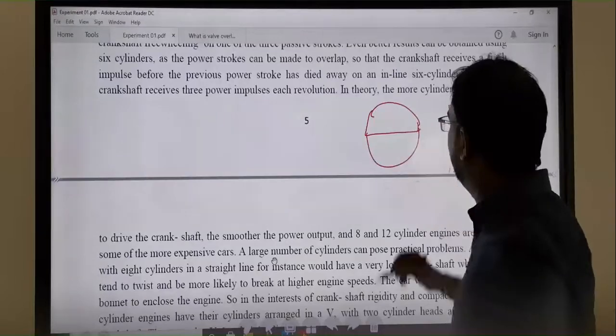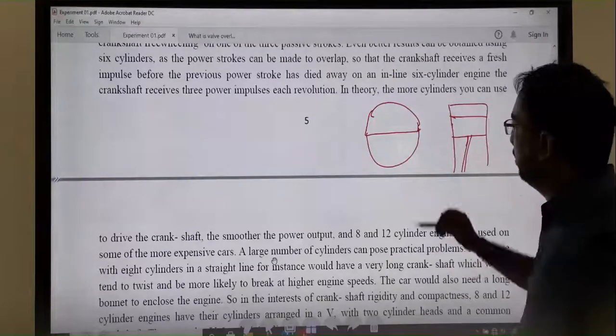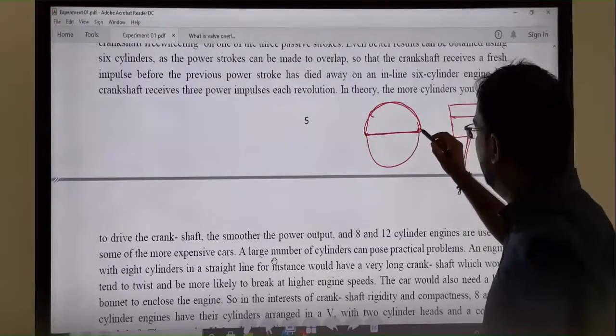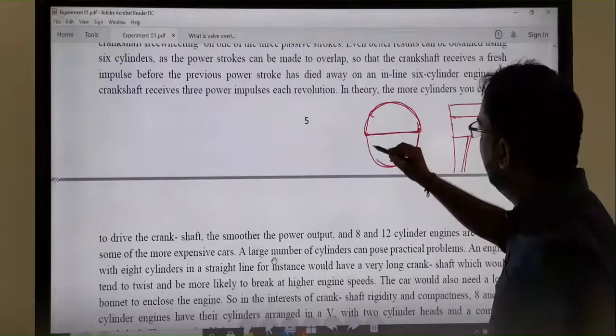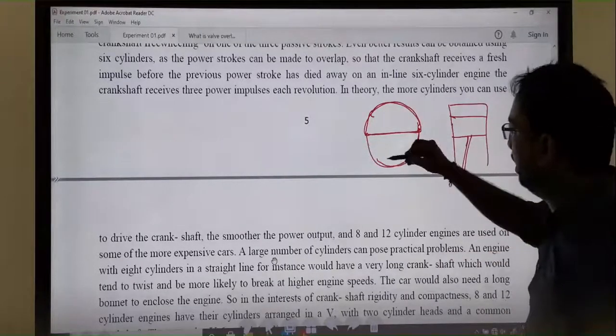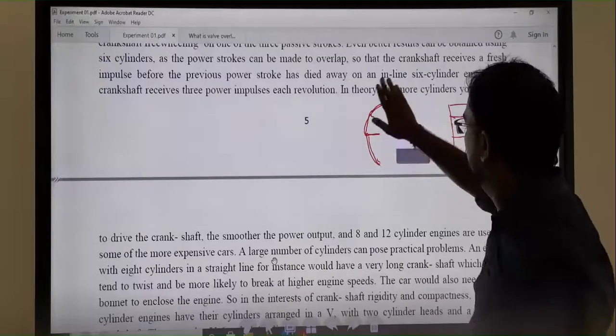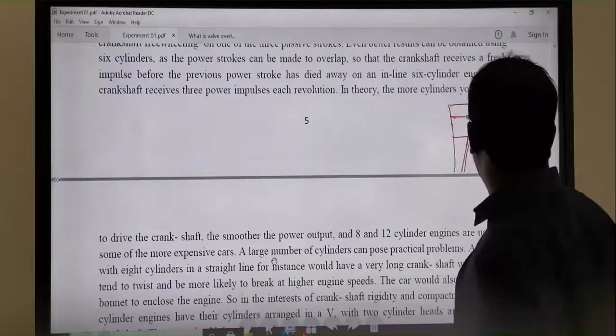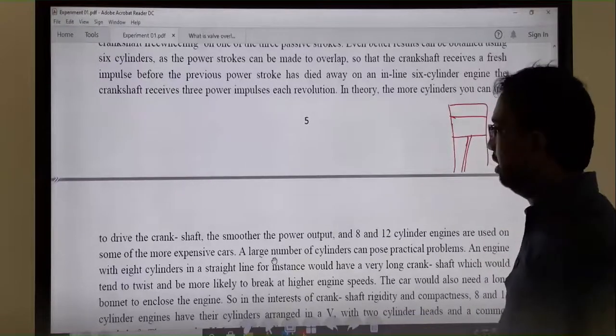Here are the crank rotations. So it gets the power flow in this half, this quarter. Then it gets the power after 3/4. That means there's a time gap, because it's only one piston.